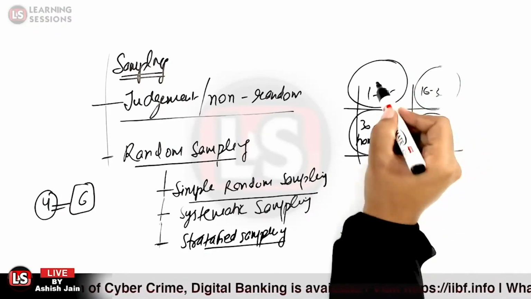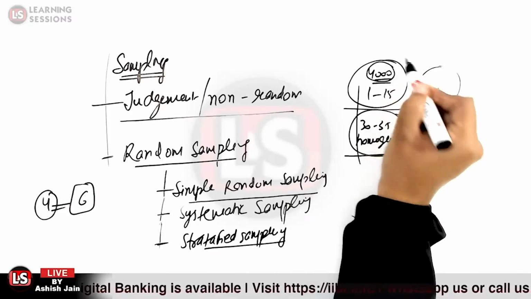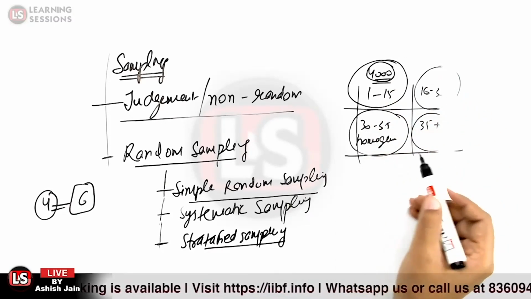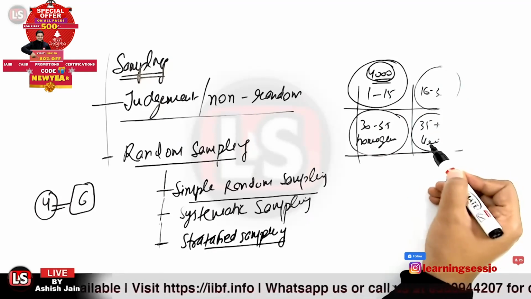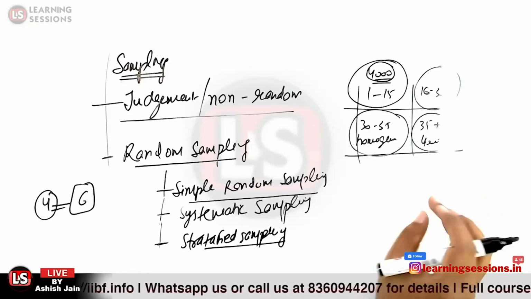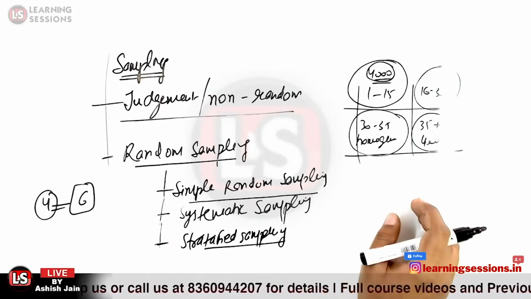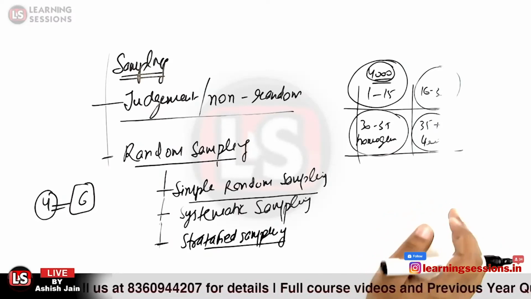If we have 100 students or 4,000 people in age 1 to 15, and 40,000 in 35 plus, we can consider that the entities present in a particular strata would have homogeneous characteristics.